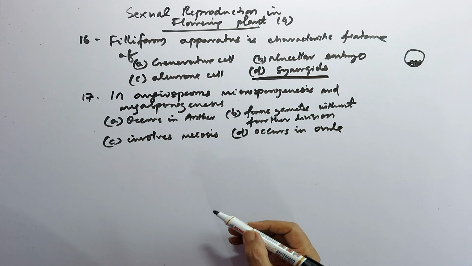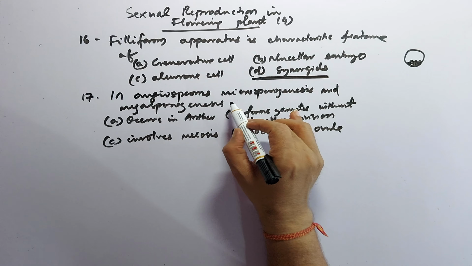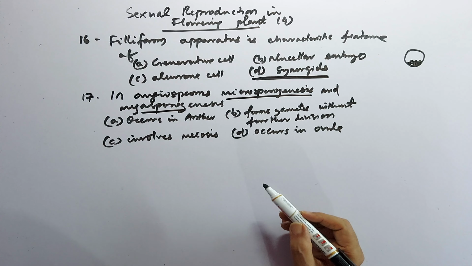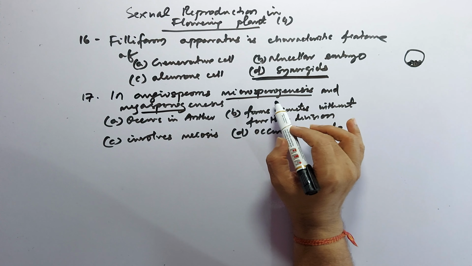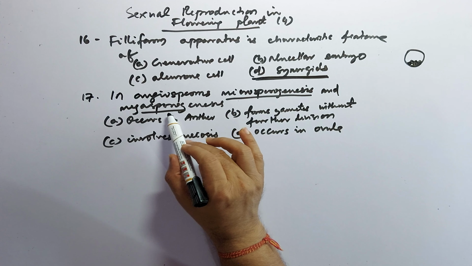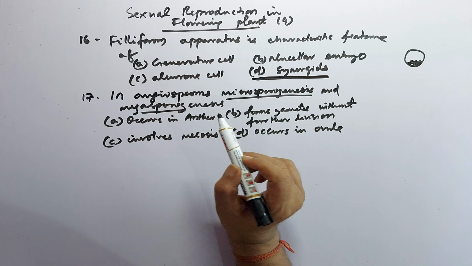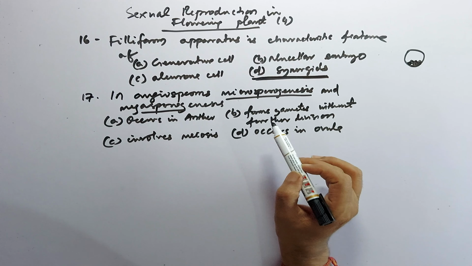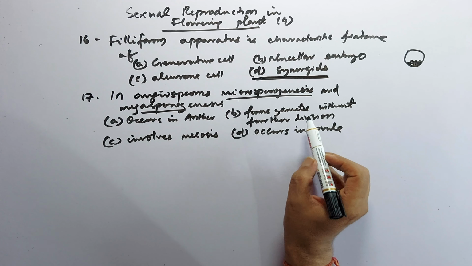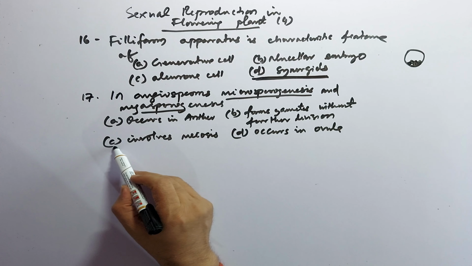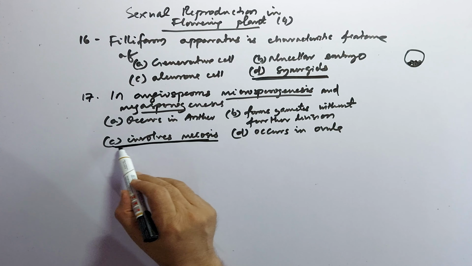So this is very important. You have to first underline microsporogenesis and megasporogenesis. Microsporogenesis means the formation of microspores or pollen, and megasporogenesis is for the ovum formation or the megaspore. Both processes, male and female, do not fit all the options, but the important thing is that both involve meiosis.